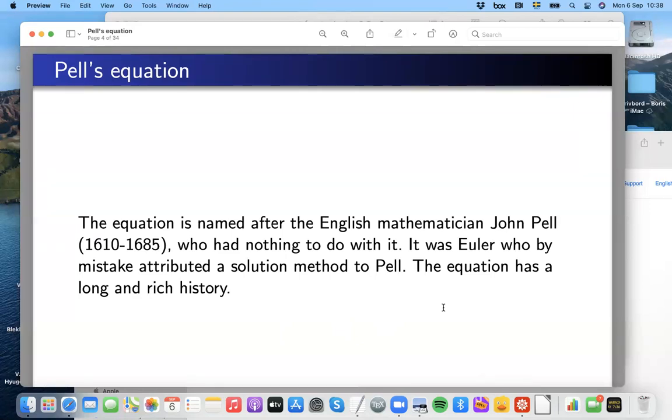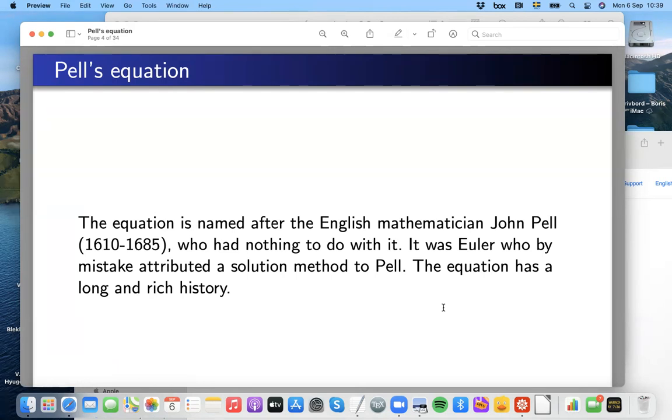Okay, so sorry, I'm getting distracted a little bit. The equation was named after the British mathematician John Pell from the 17th century. And this is one of the typical mistakes. My former advisor, Vladimir Arnold, had a saying that if some object or notion in mathematics is called after a certain mathematician, this is because this person has never considered such a notion.